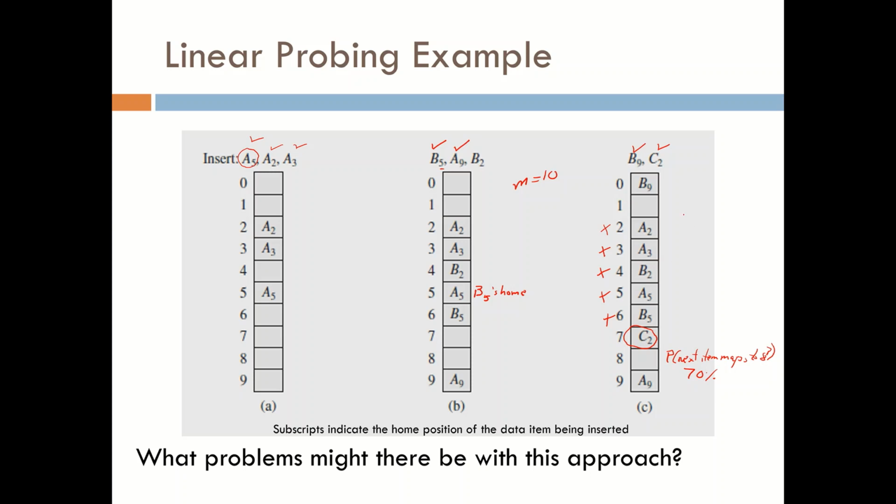So this has a 30% chance of getting filled by the very next data item. You see that we're losing the uniformity that we really wanted here. We wanted the data distributed uniformly across the table if possible, but really what we have is data that's in clumps, and clumps only tend to snowball.